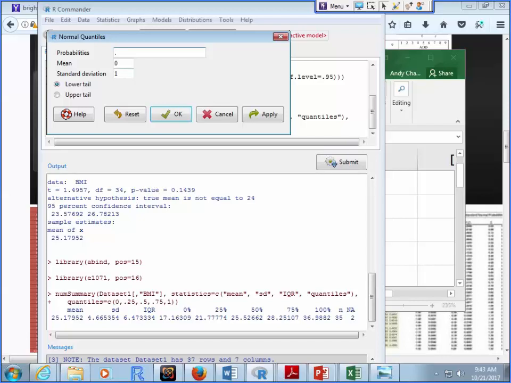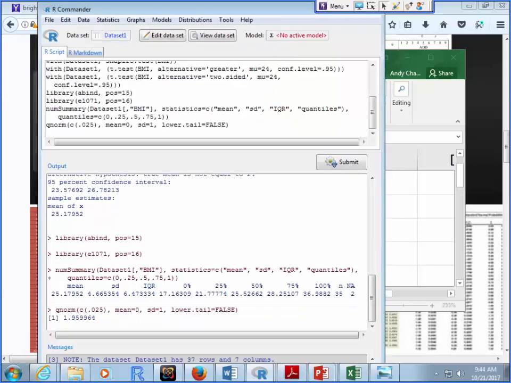If you want a z-score with a left tail of a certain proportion, like 0.025, standard normal is mean 0 and standard deviation 1. You have lower tail; check upper tail for the right tail. If you want a standard normal quantile, which are those z-scores, with a right tail of 0.025, click OK, you get that.